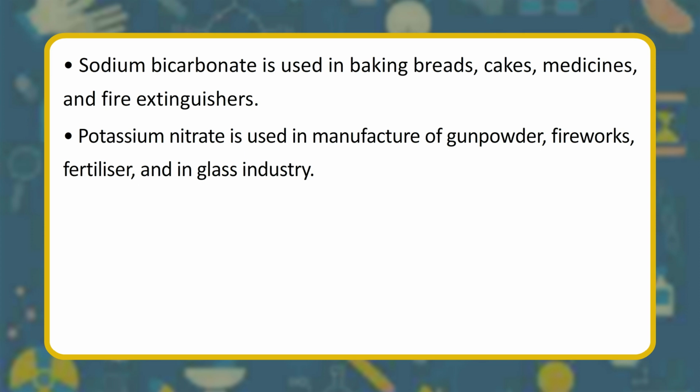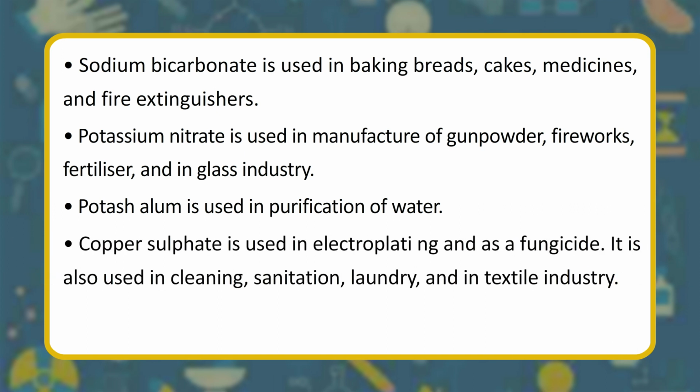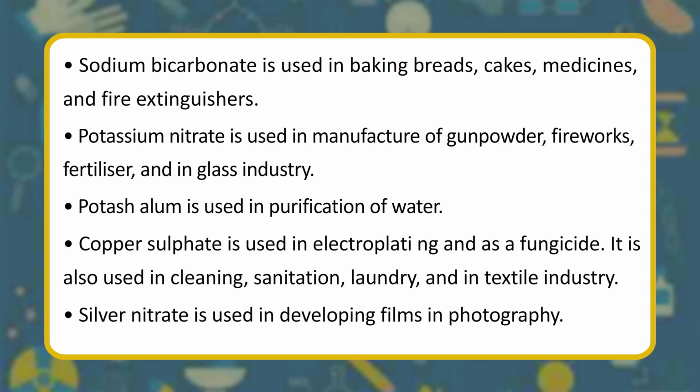Potassium nitrate is used in manufacture of gunpowder, fireworks, fertilizer, and in glass industry. Potash alum is used in purification of water. Copper sulfate is used in electroplating and as a fungicide. It is also used in cleaning, sanitation, laundry, and in textile industry. Silver nitrate is used in developing films in photography.